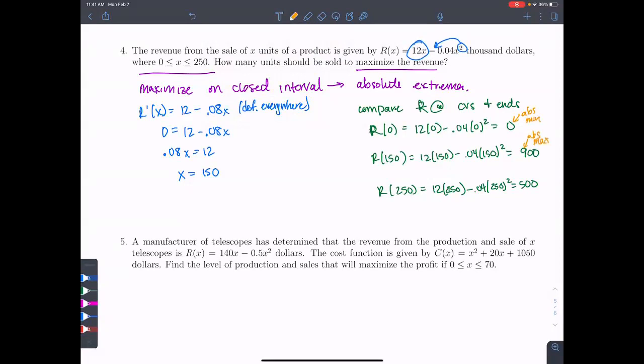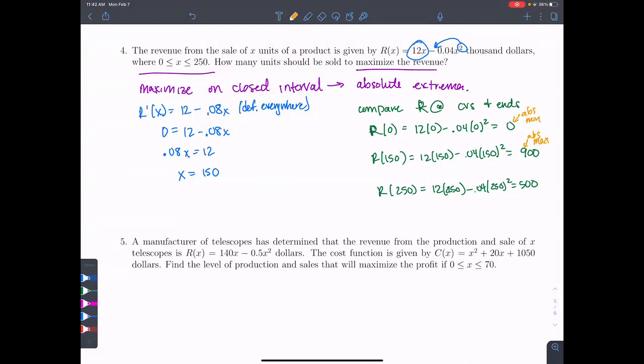And that makes some sense that if they haven't sold any units, then they have no revenue. If we were talking about profit here, that would probably be negative, because selling no things but having made stuff means you haven't made a profit. But revenue here is just money coming in. So the fact you haven't sold anything means you don't have money coming in.